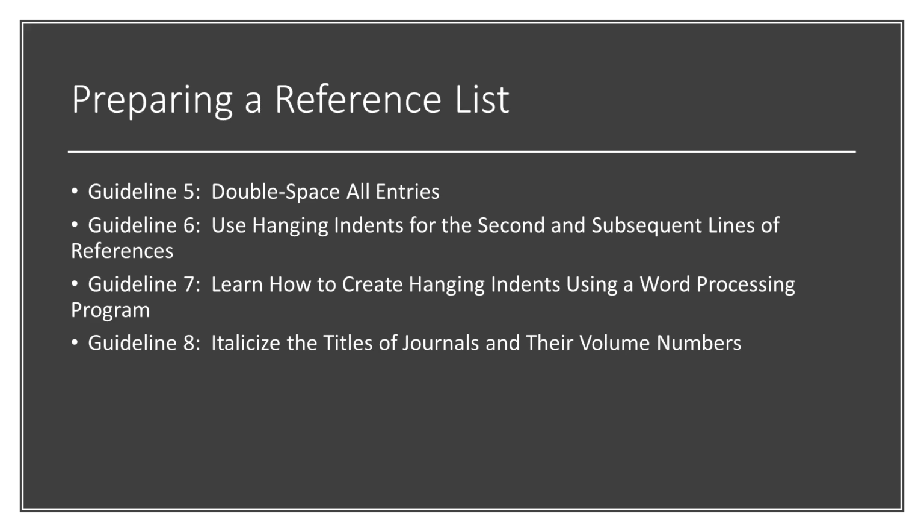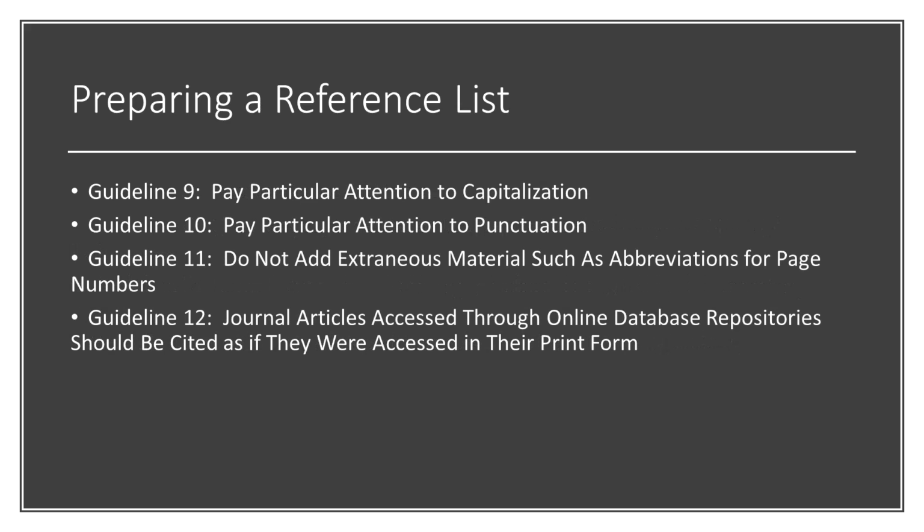Guideline number 8, italicize the titles of journals and their volume numbers. So make sure you italicize the title of the journal, and if there is a volume number, italicize the volume number. Guideline number 9, pay particular attention to capitalization. Depending on the style manual you're using, they specify when to capitalize in a reference list.